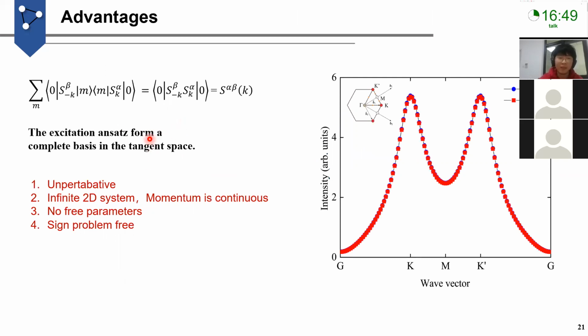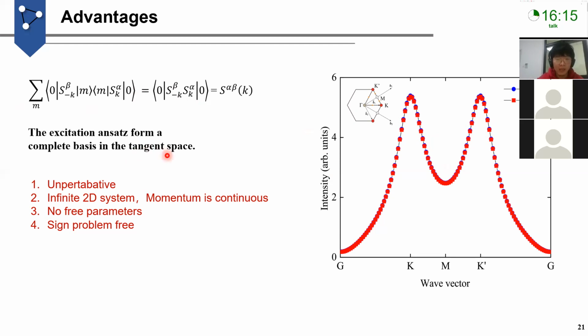You can prove, or numerically prove, that it satisfies a famous sum rule. The sum rule means that if we sum over all the dynamical spin structure factors together, we get the same value as directly calculating the static spin structure factor. As shown on the left-hand side, the red line and the blue line overlap.